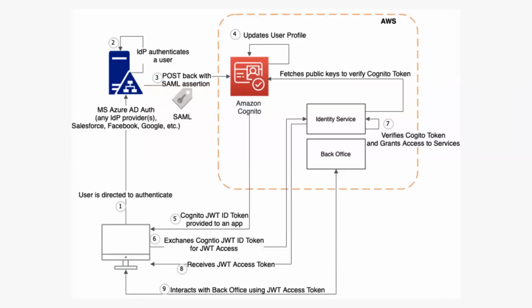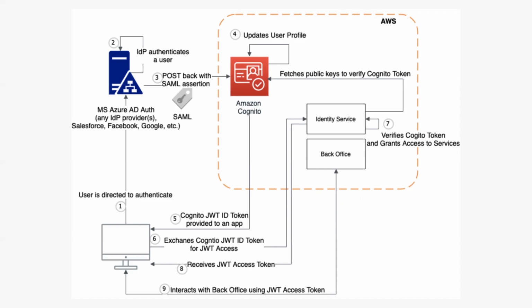This flow is based on our own identity service, which is responsible for assigning roles and permissions for a user based on its identity and issuing our own JWT tokens to perform local authorization without any need of using expensive Amazon API Gateway, where you pay per request. So let me go quickly through it.